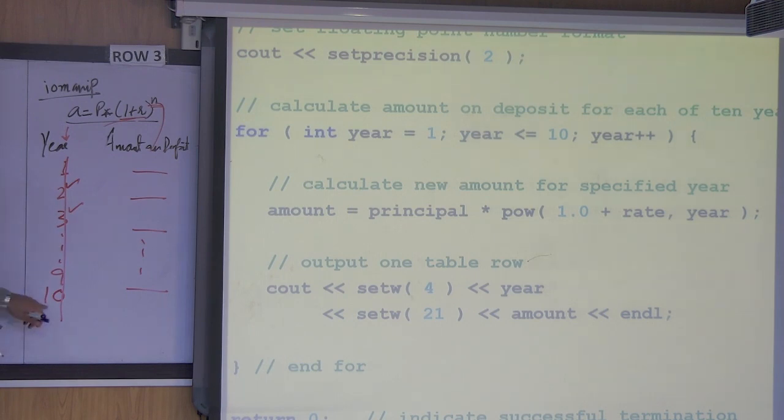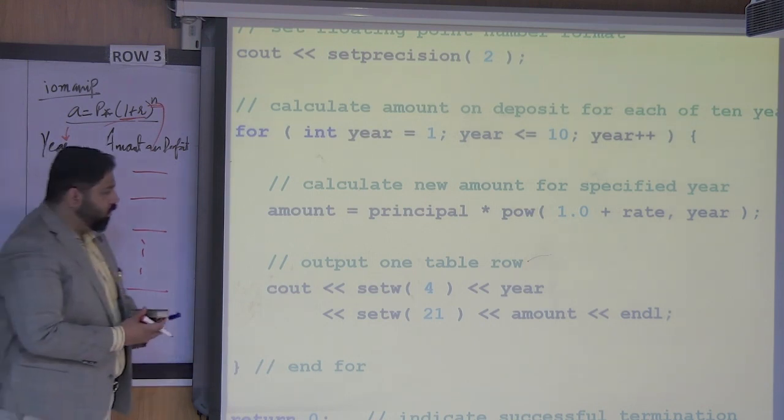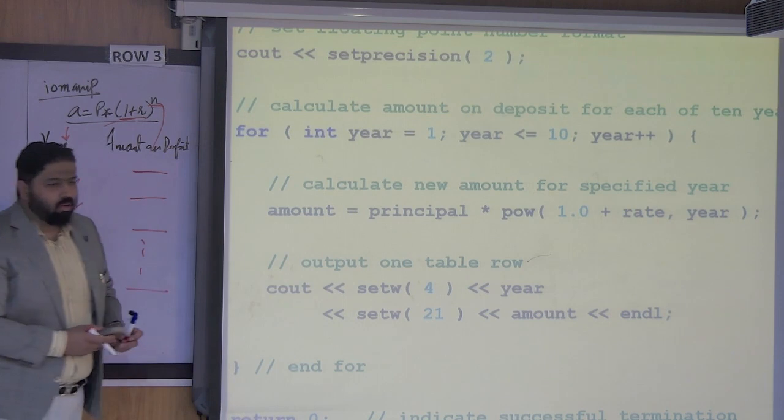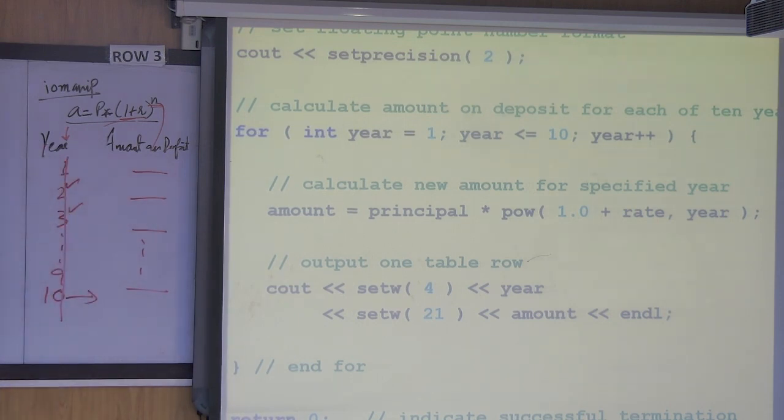It will keep on filling this gap first. If the value becomes bigger, it first fills the gap, these 4 spaces of year, and afterwards it will go further. And when the value of year becomes 11, the loop breaks.